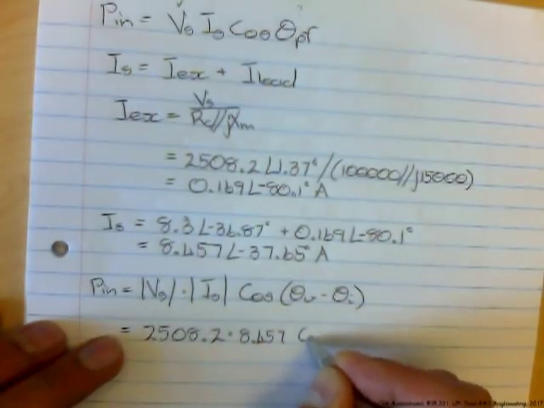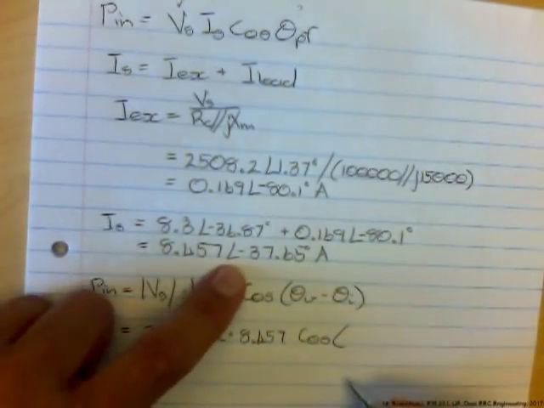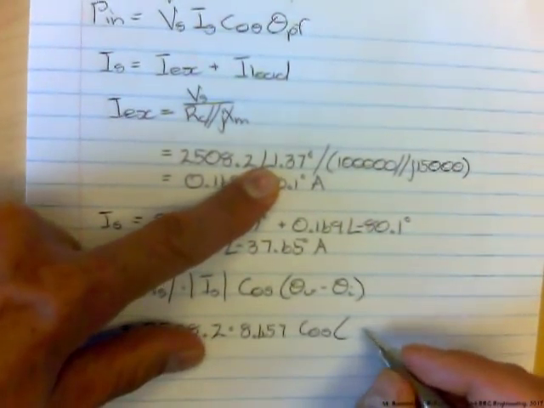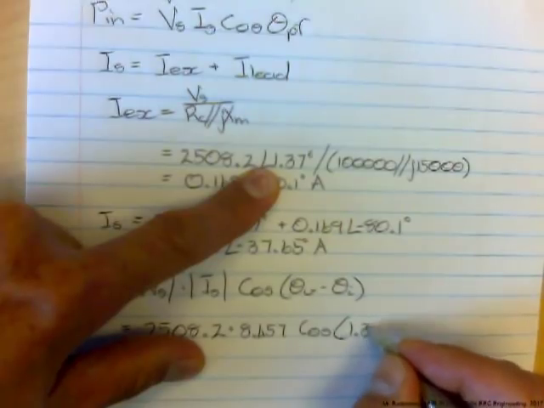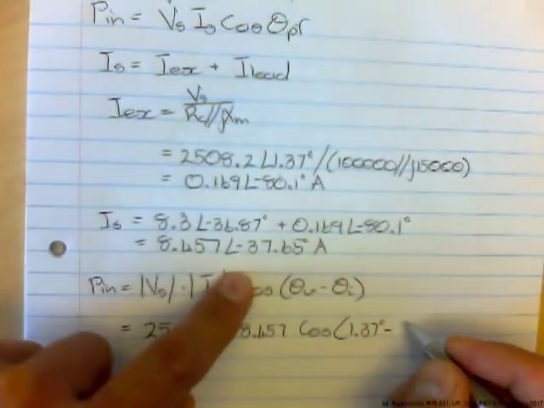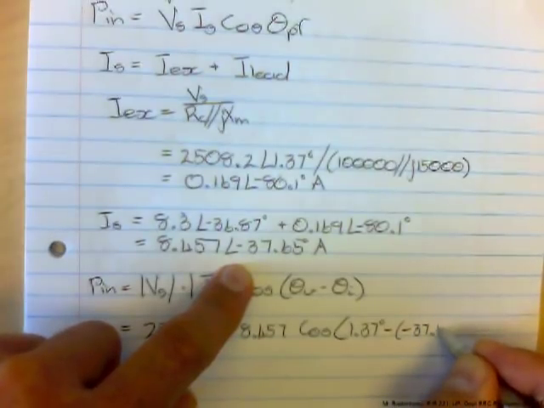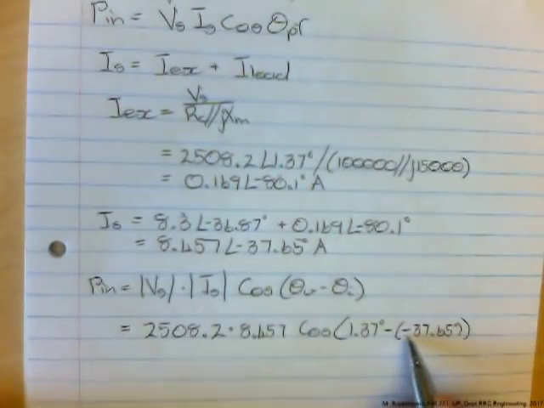Then cosine, the voltage angle is, where's our voltage angle? It is the 1.37 degrees, and the current angle is minus 37.65 degrees. Right, so that's going to become a plus in the end.